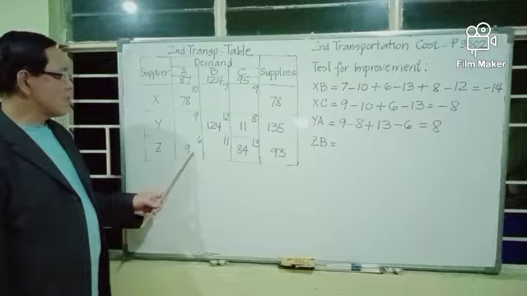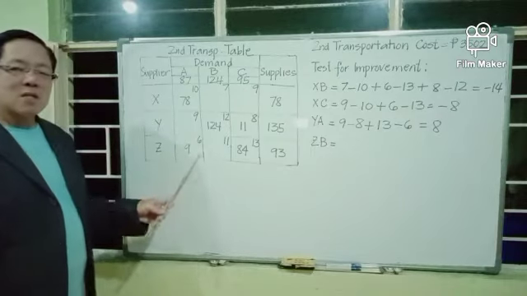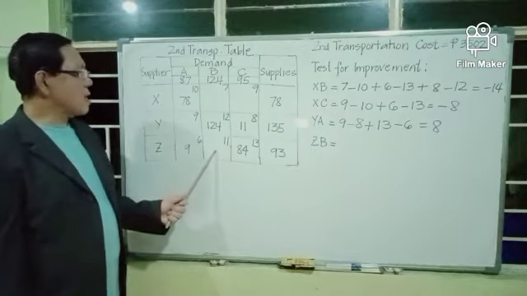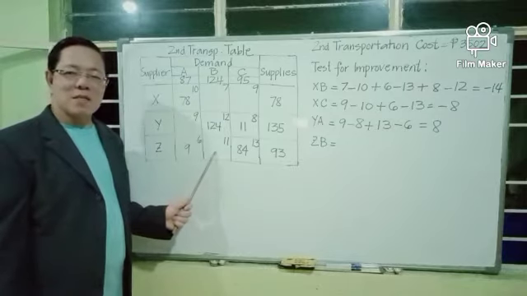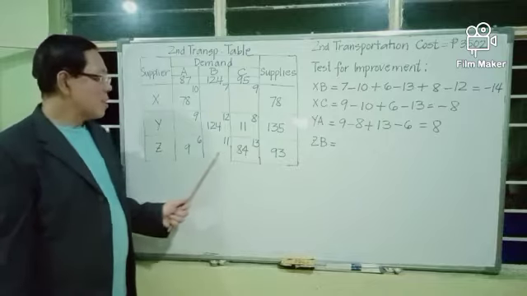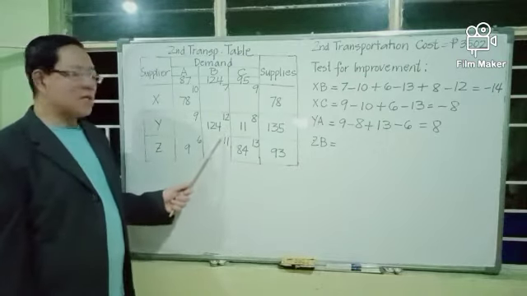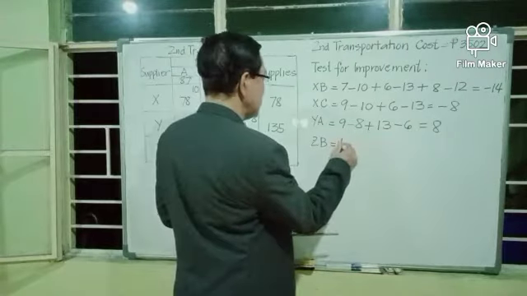So it's not possible to move horizontally to the left because you will not be able to go back to this vacant cell ZB. Thus from CB, we move horizontally to the right up to 84. For this horizontal movement to the right, the cost associated is positive 11.